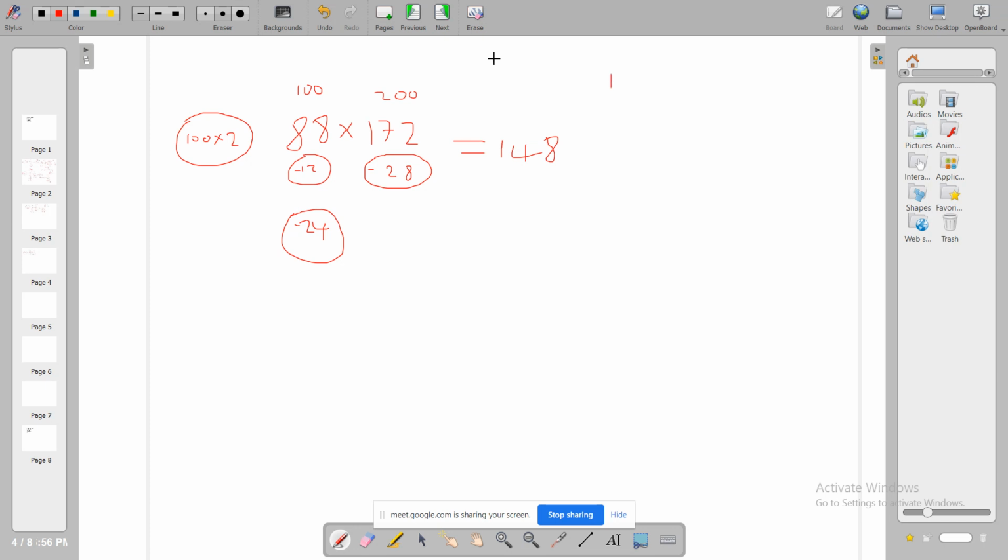If you pick your reference number as 10, can't you do this fast? Because there is 10. 336. 300 and 36. 336.